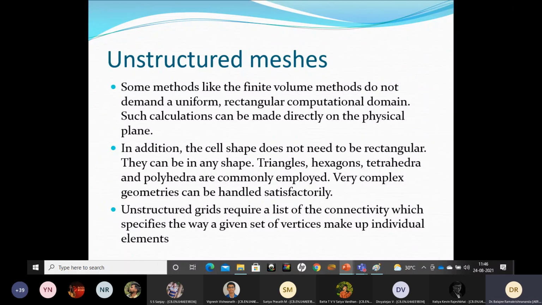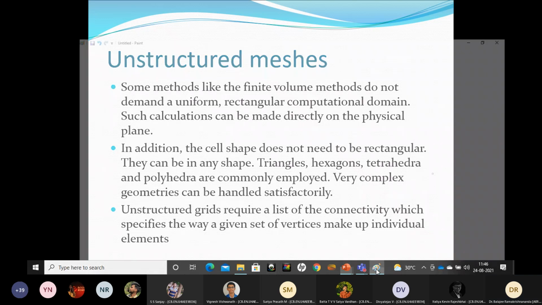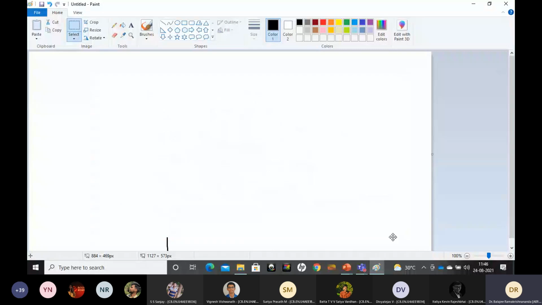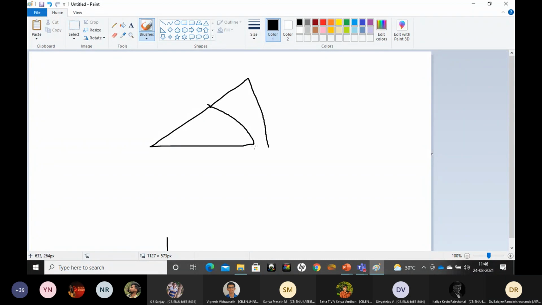I am looking at, say, an unstructured grid. A cell may look like this, a triangle. Assume all these are straight lines.